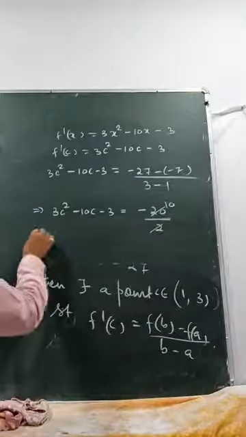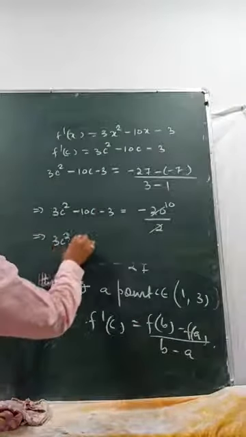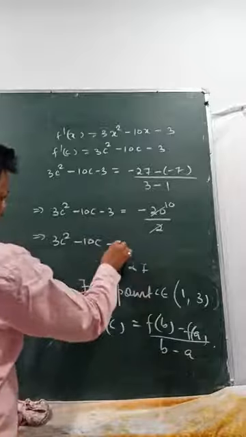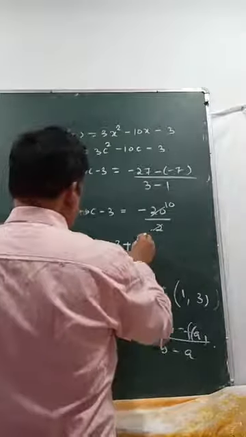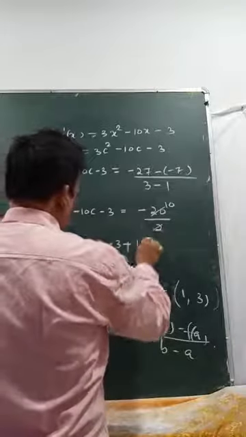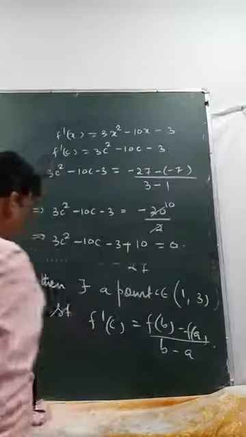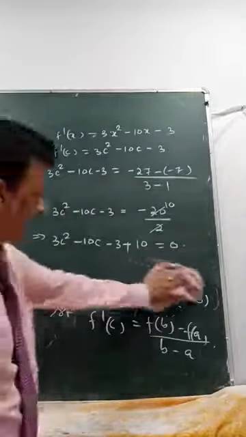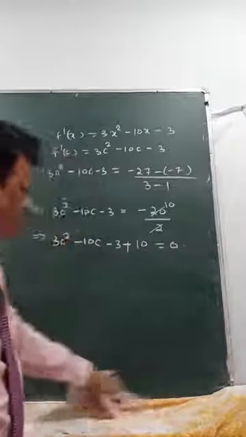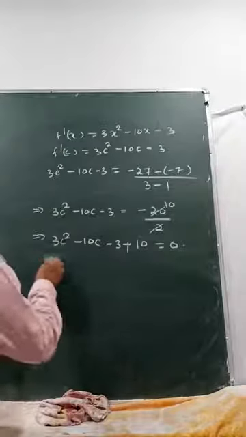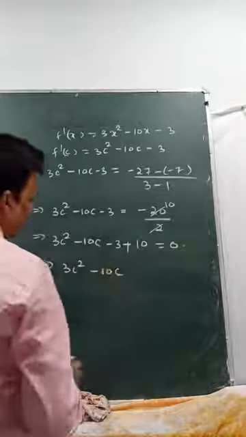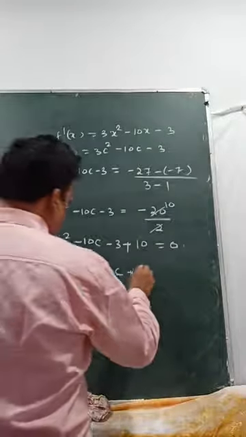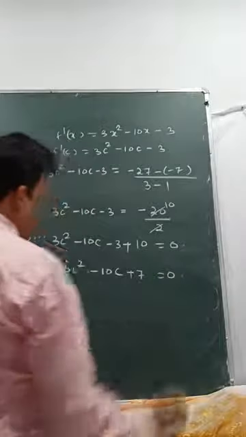So this implies 3c square minus 10c minus 3 plus 10 equals 0. Implies 3c square minus 10c plus 7 equals 0.